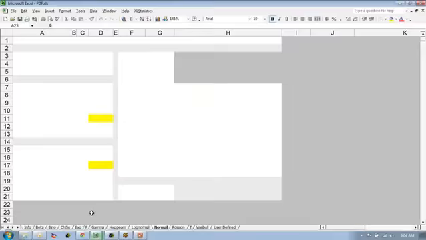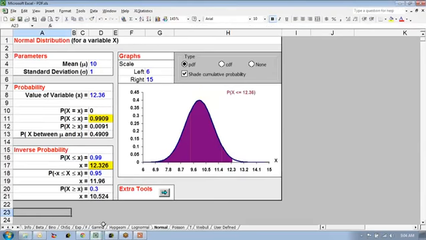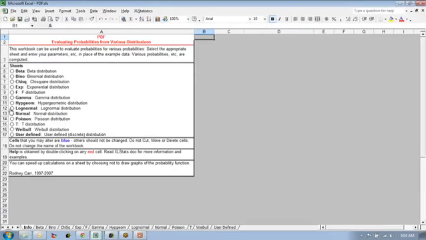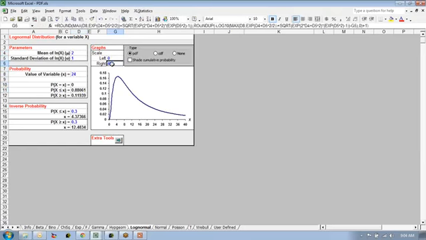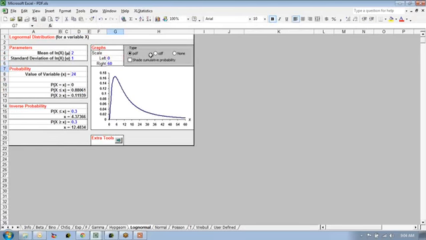So let's go ahead and do that one. You can start from here and go to log-normal. Enter in this one's a 2 and this is a 1. And we just want to know what's the probability that they will not meet 24 hours. This is all in hours. We want to spread this out a little bit so we can see more of the distribution. And there it is.